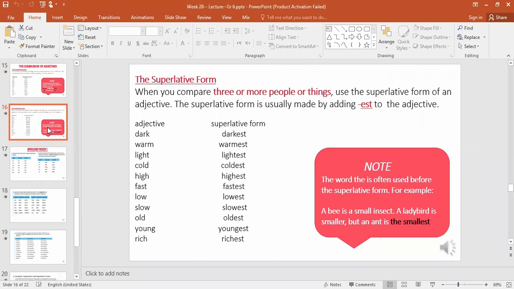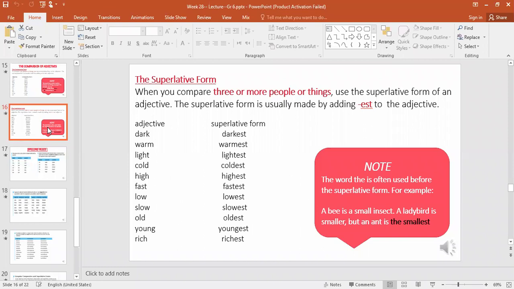What do I mean by adding est? I mean dark, for example, becomes darkest, warm, warmest, light, lightest, cold, coldest, high, highest, fast, fastest, low, lowest, slow, slowest, old, oldest, young, youngest, rich, richest.